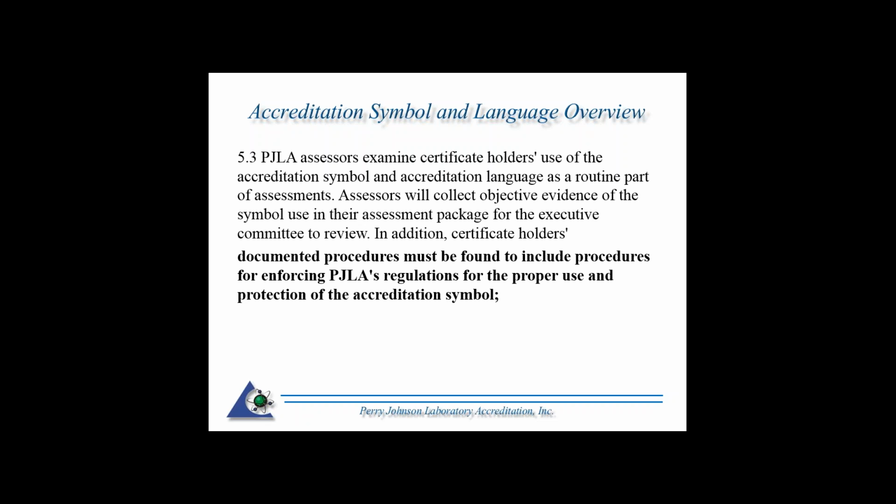In addition, certificate holders' documented procedures must be found to include procedures for enforcing PJLA's regulations for the proper use and protection of the accreditation symbol. So in other words, if you are accredited with PJLA, you have to address somewhere within your quality management system how you are going to comply with the requirements in SOP3 and enforce, in fact, that your company or laboratory or organization is complying with the requirements of SOP3.